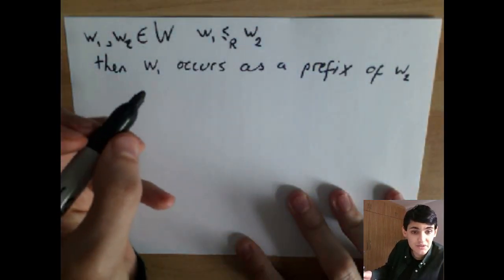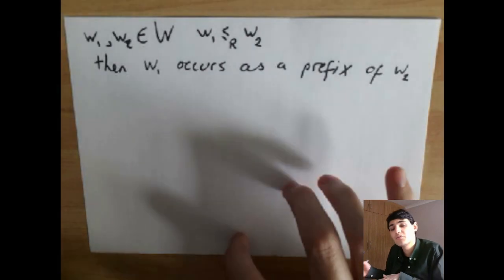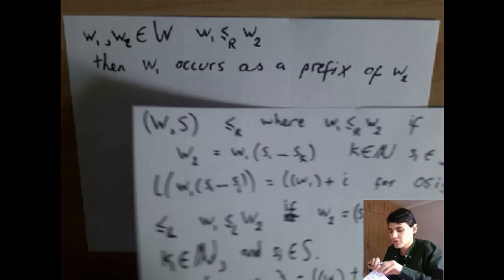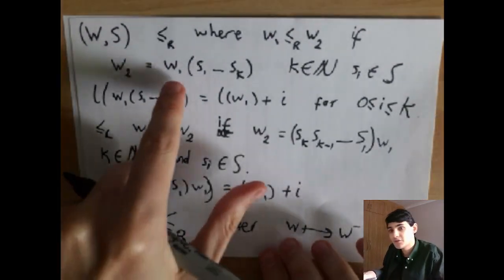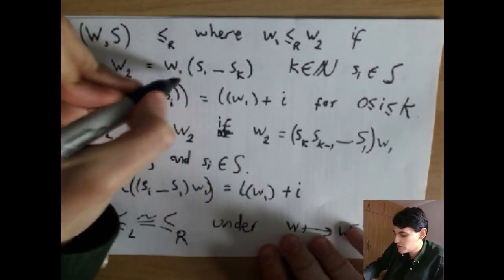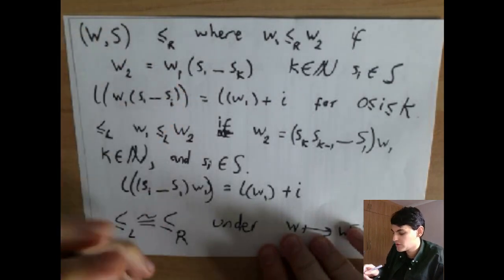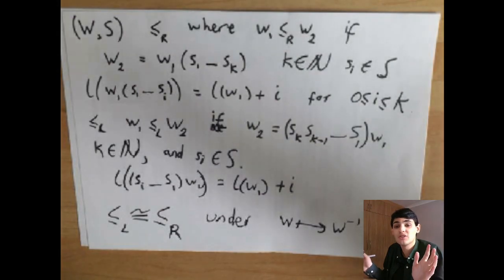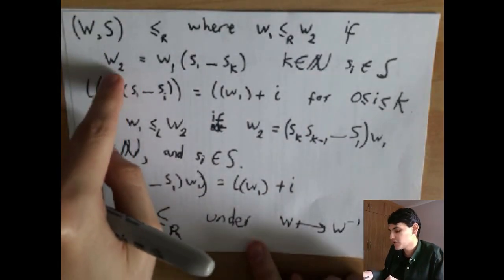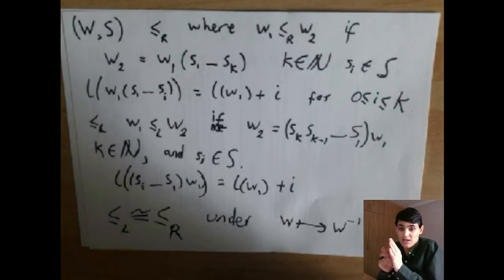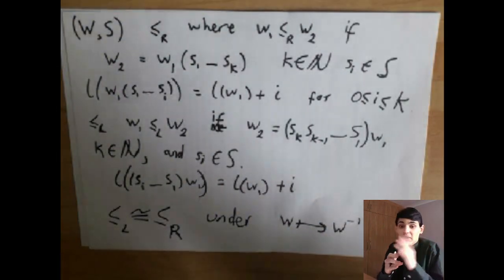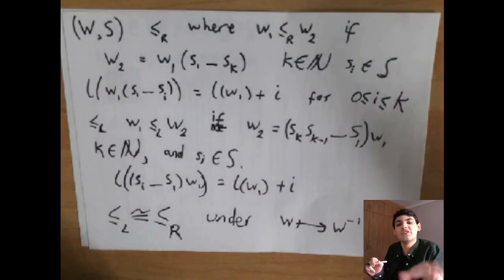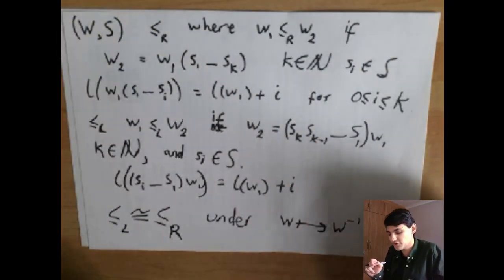What that means, you can sort of understand where that comes from, because if you wrote W1 as a series of generators in its minimal decomposition, then you've got that W2 is equal to some sequence of generators multiplied by some other sequence of generators, but W1 itself does occur as a prefix of W2.